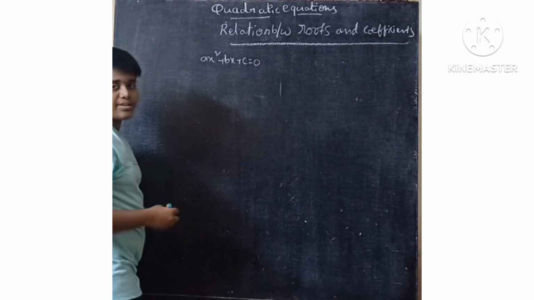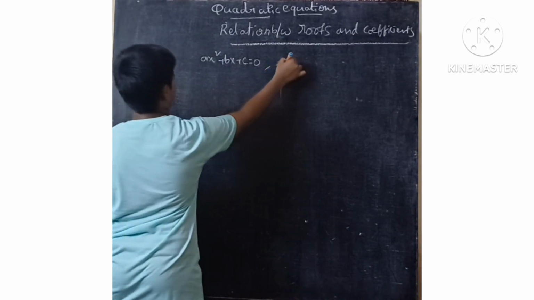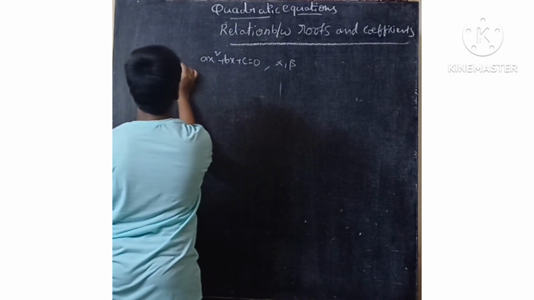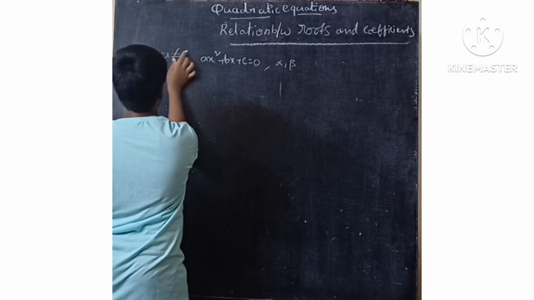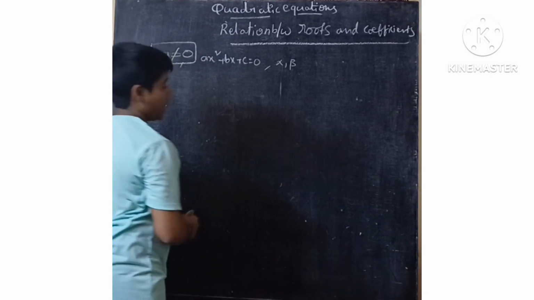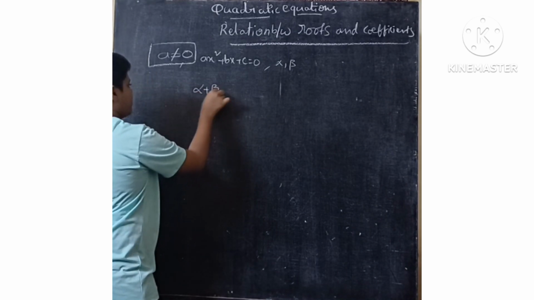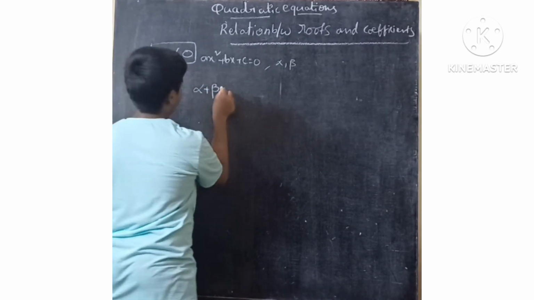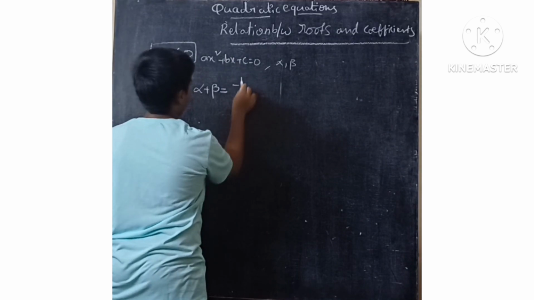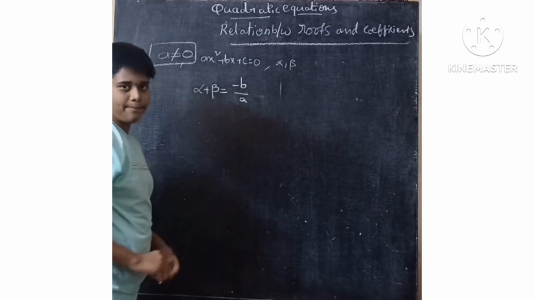So here the coefficients are a, b, c. And here alpha and beta are the roots, and here another important point, a is not equal to 0. And here alpha plus beta means sum of the roots. Alpha plus beta means sum of the roots, and the relation is minus b by a. Minus of this coefficient by a.